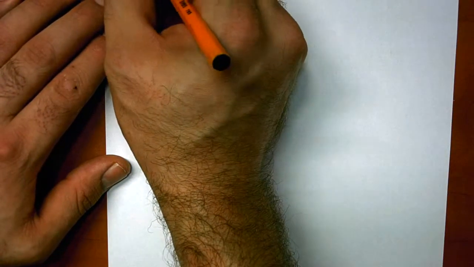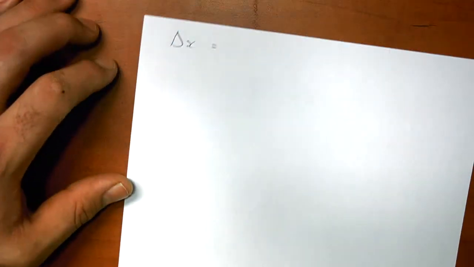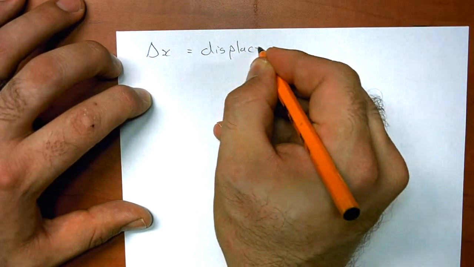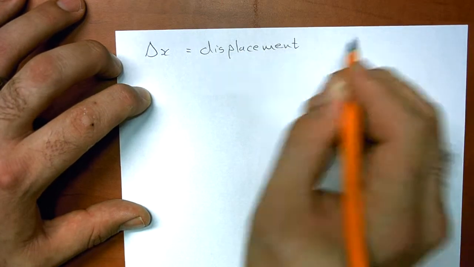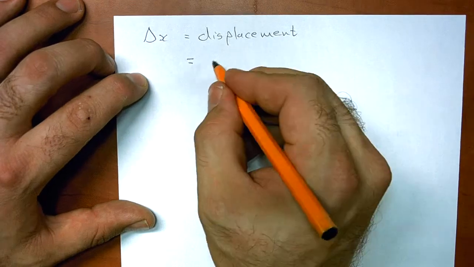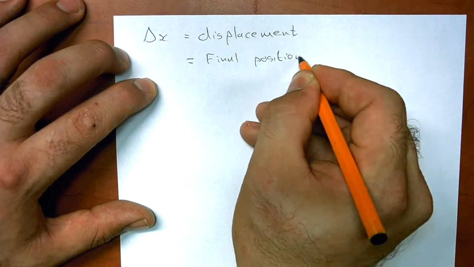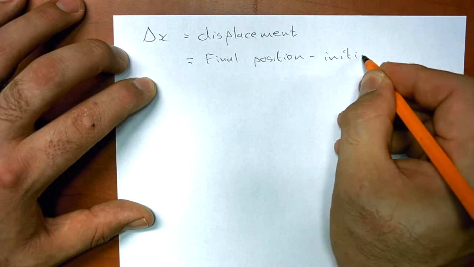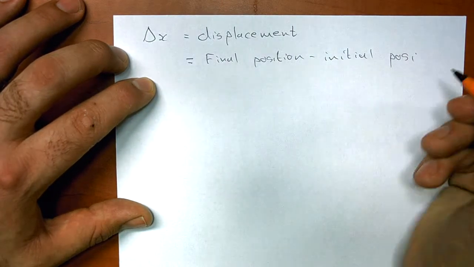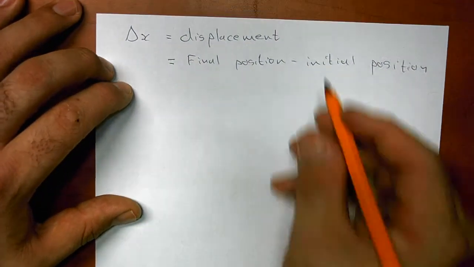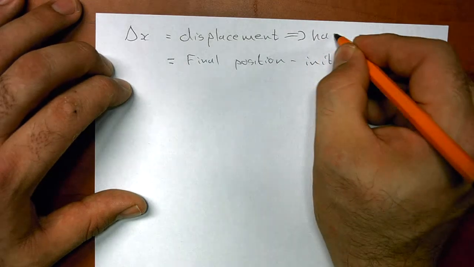Now there's a fancy name for this, and this is just called the displacement. So delta x, we call that our displacement, and it is equal to the final position minus the initial position. Remember, displacement has a direction.